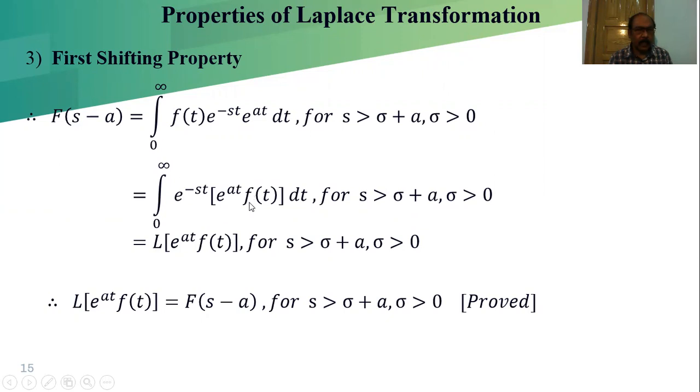So according to the definition, the Laplace transformation of e to the power at f(t) for s greater than sigma plus a and sigma greater than 0 equals F(s minus a), for s greater than sigma plus a, sigma greater than 0.